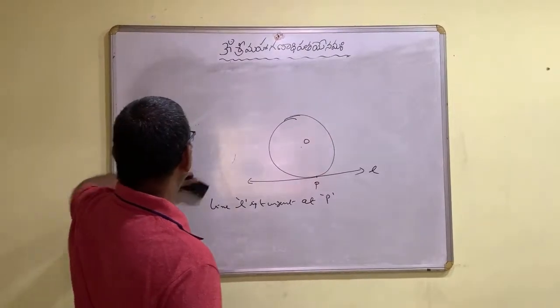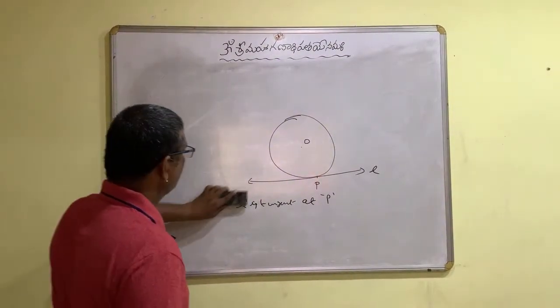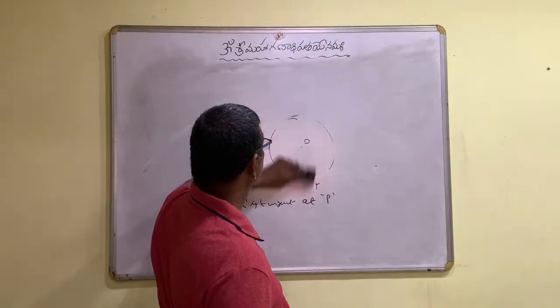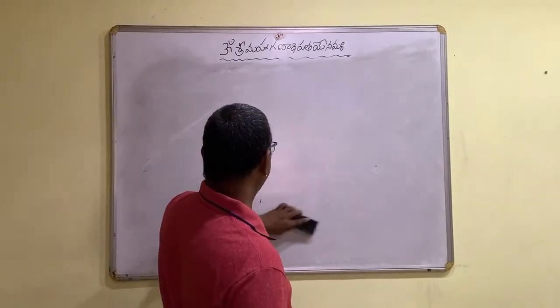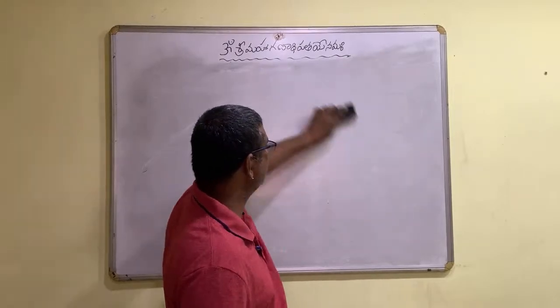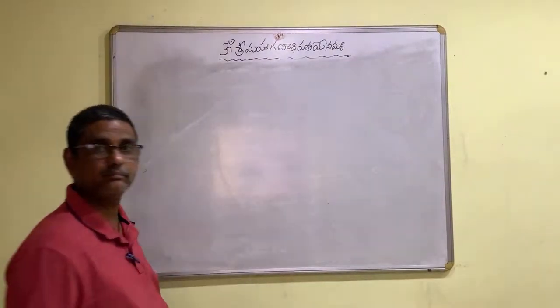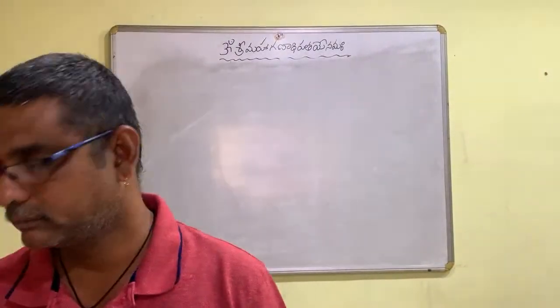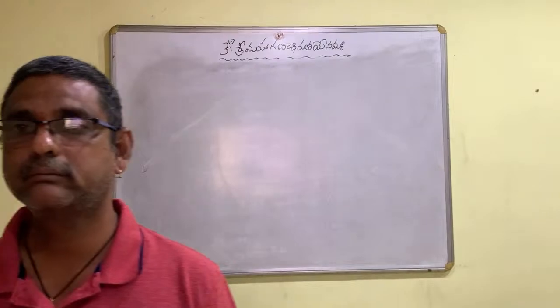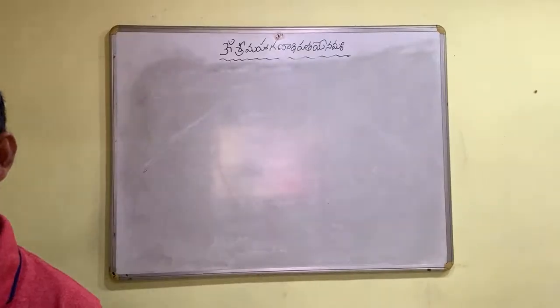A circle is having how many points on it? Can anyone say? Infinite. Yes.